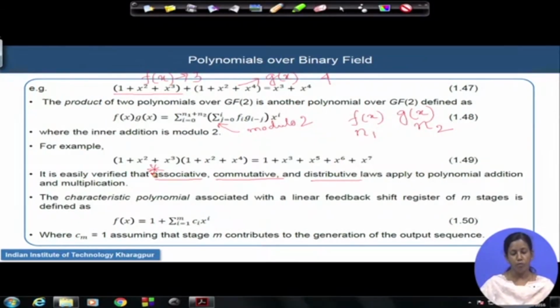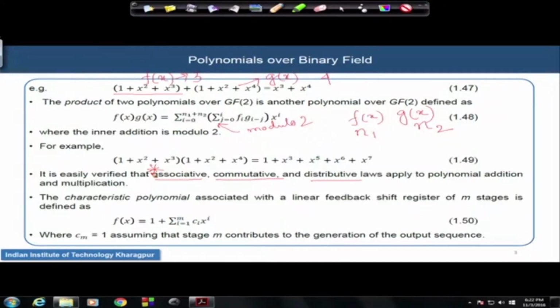Now, we come to a point which is called a characteristic polynomial. The characteristic polynomial is such a polynomial which always helps to give the equation of the generating polynomial of a typical code. We will see how it goes.